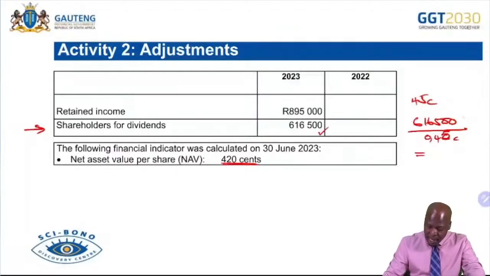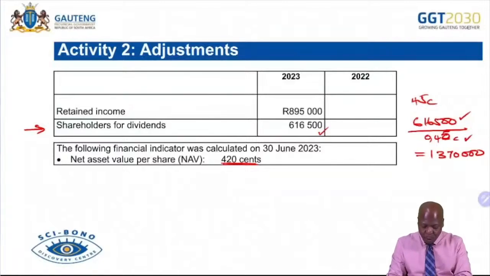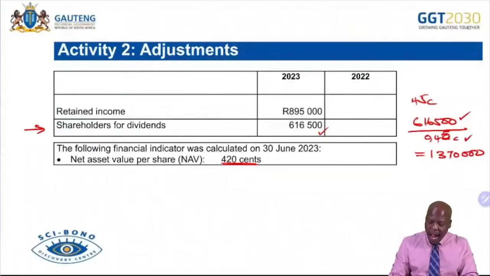So you would then see that if you say 616,500 divided by 45 cents, which is 0.45, you would then end up with 1,370,000 shares.